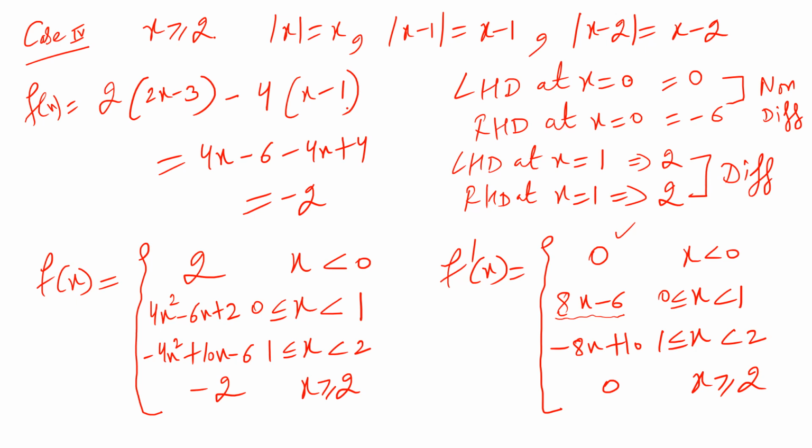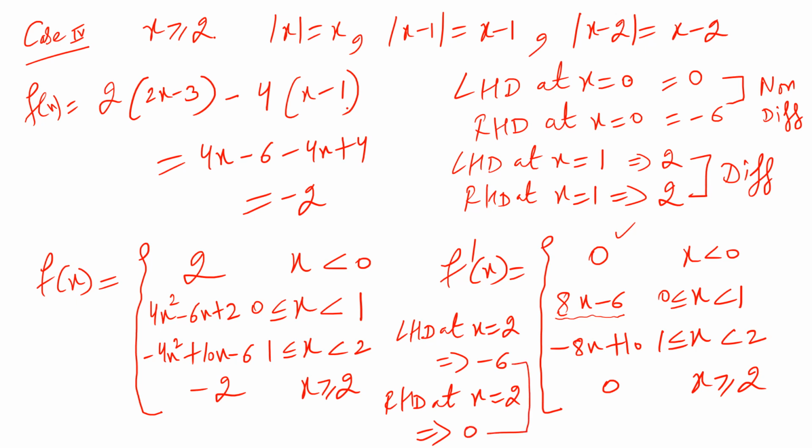And now if we discuss the differentiability at x equal to 2, that means we find LHD at x equal to 2. It becomes minus 16 plus 10, which is minus 6. And if I find the value of RHD at x equal to 2, it becomes how much? It is just 0. Now since minus 6 and 0 are unequal, that means the function is again non-differentiable at x equal to 2.